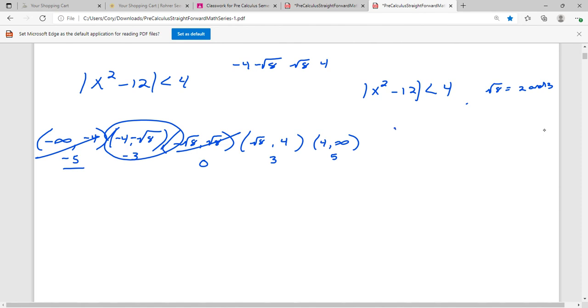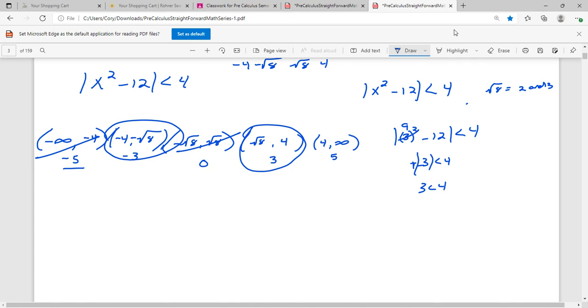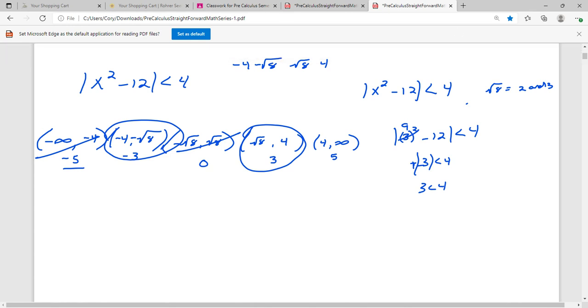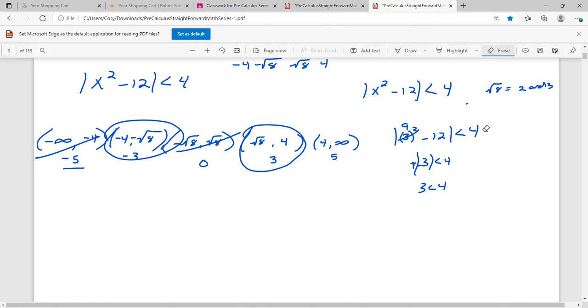Alright, so I need the absolute value of 3 squared minus 12 is less than 4. 3 squared is 9. 9 minus 12 would be negative 3, and the absolute value of negative 3 would be 3, which is less than 4, and that is true, so this one does work. And then we'll try that last one, which is 5.